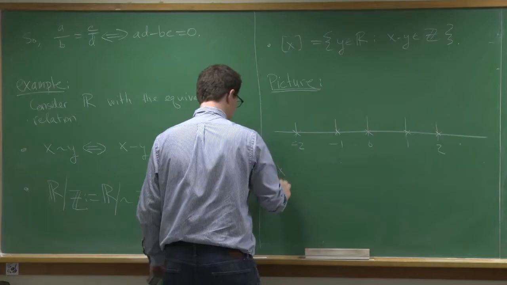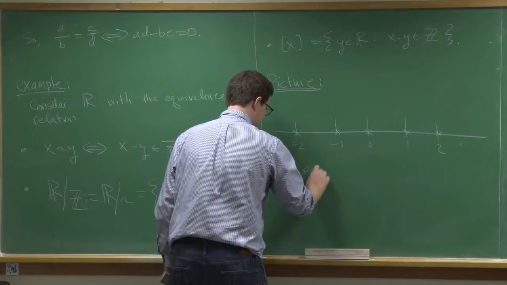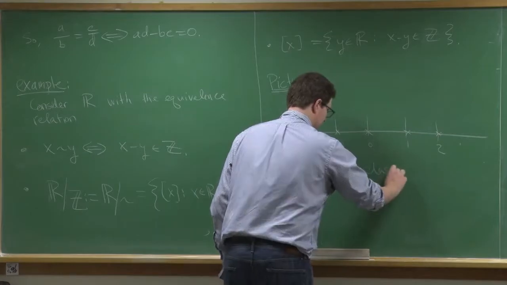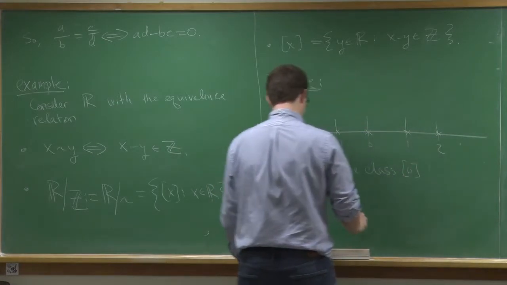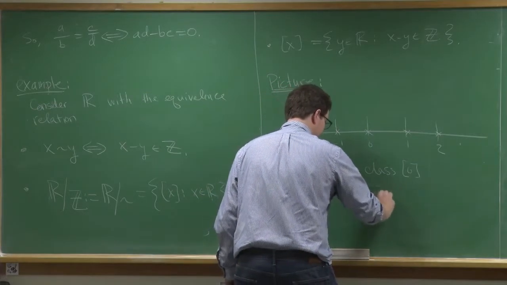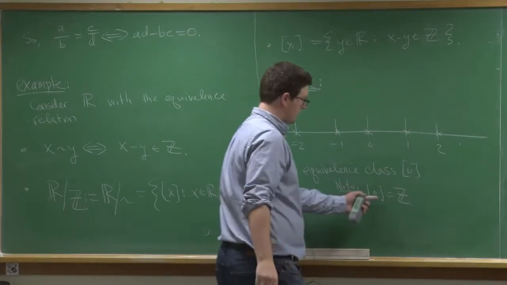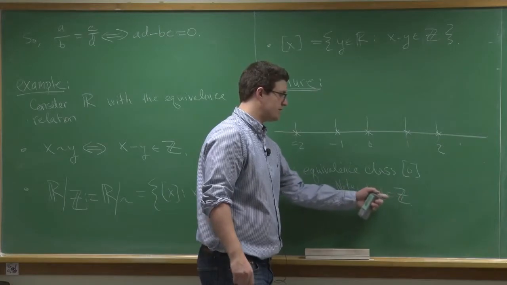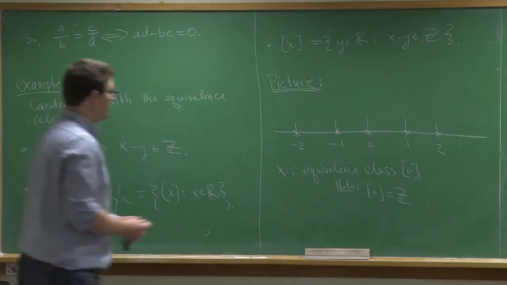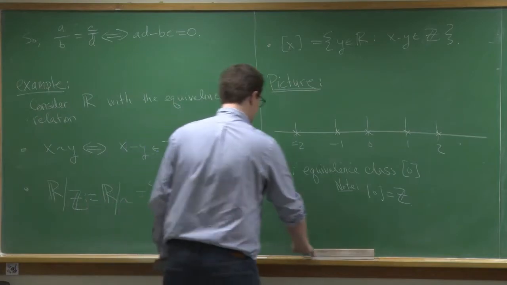These x's here are the equivalence class of 0, right? Note that the equivalence class of 0 is just the integers. You can add an integer to 0, or you can consider the difference of two things, and that's supposed to be an integer.